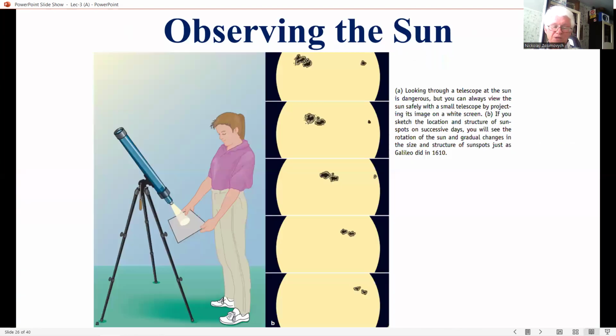Solar activity is often visible with even a small telescope, but you should be very careful if you try to observe the sun. Sunlight is intense, and when it enters your eye, it is absorbed and converted into thermal energy. So be careful.